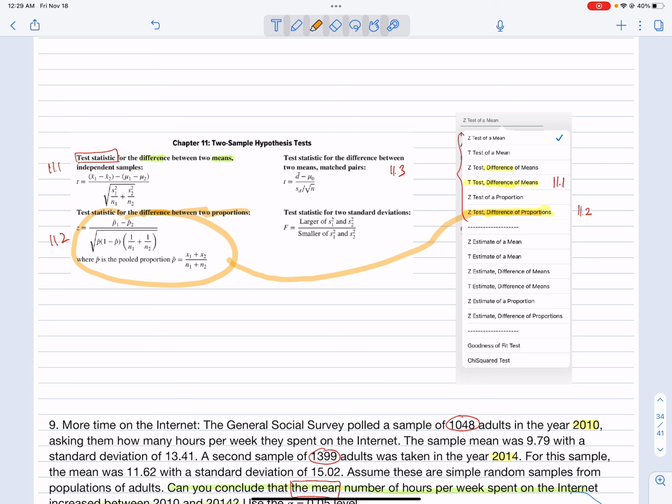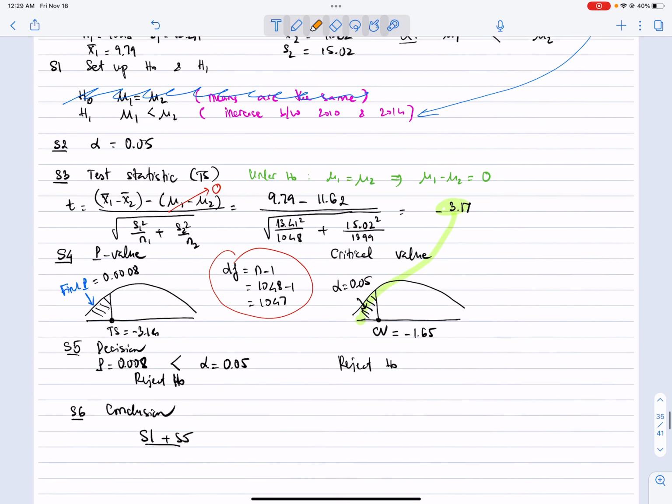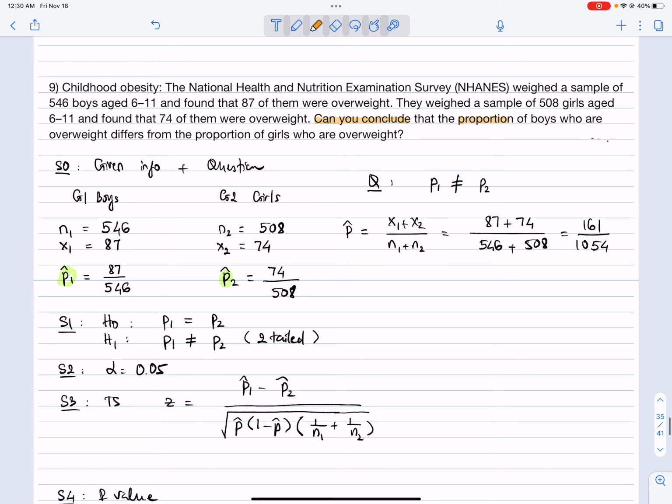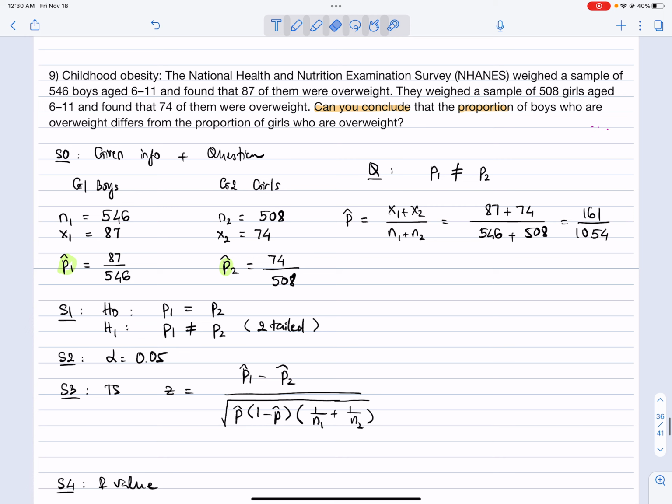So in this formula, we have the P hat, and the formula is x1 plus x2 over n1 plus n2. So I have P hat in here, and I calculate the P hat. I just plug in the number, and I got this. Okay, so what is the question?